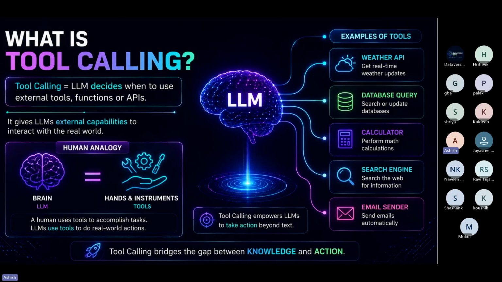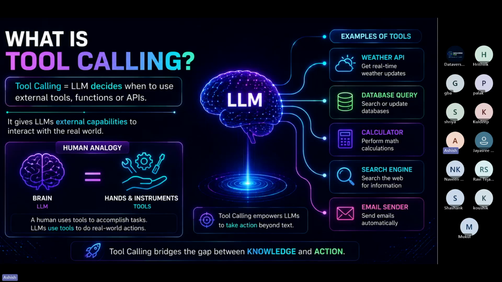That definition will be within the LLM, because it might be in the training data. So the LLM can decide that for this query it doesn't need any tool, and it will generate the response from the internal knowledge learned through training. But if it feels it needs external tools or APIs for that information, it will decide to use them. So tool calling gives the LLM external capability.